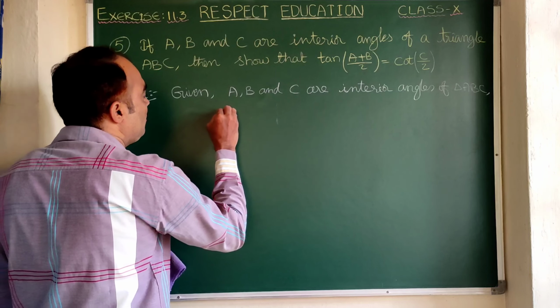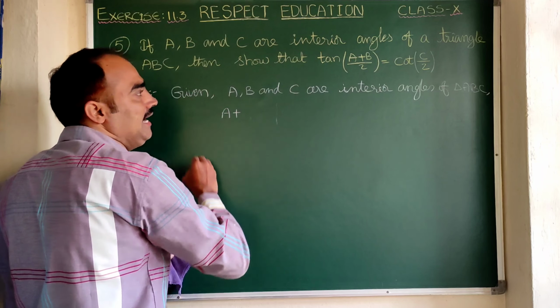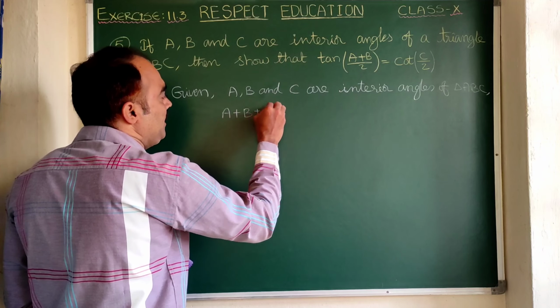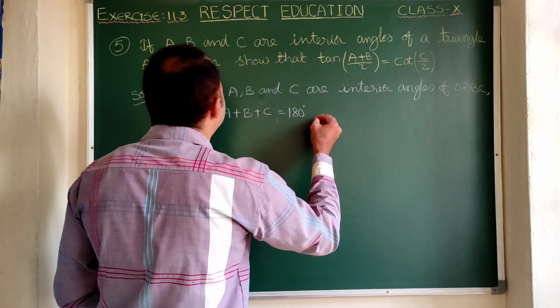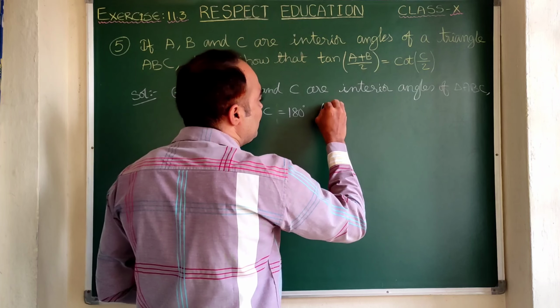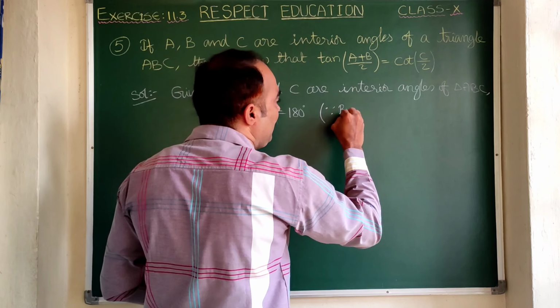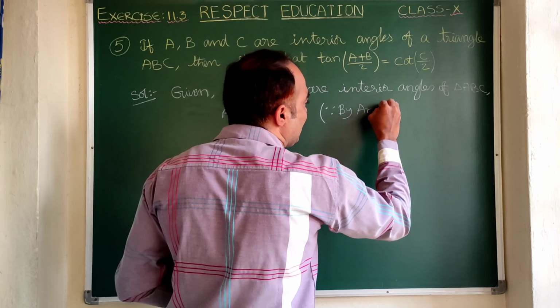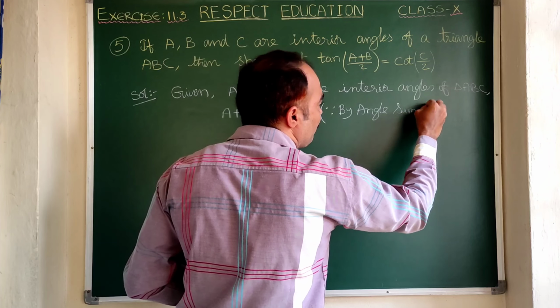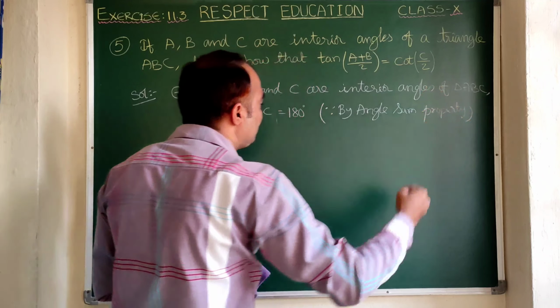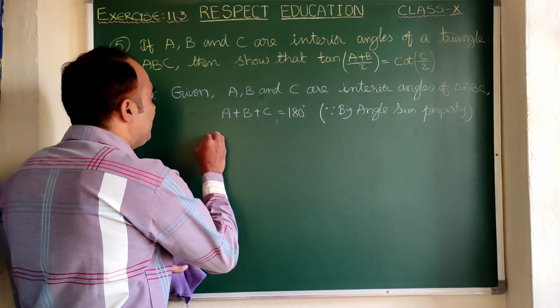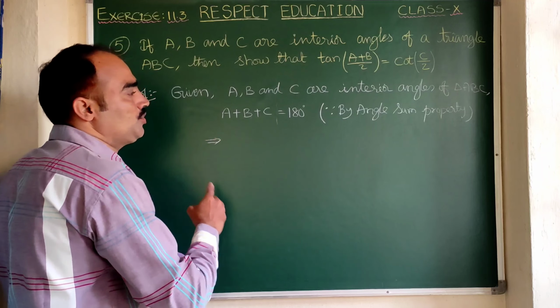So let us write now, angle A plus B plus C is equal to 180 degrees, since by angle sum property of a triangle. Clear? Yes, sir.